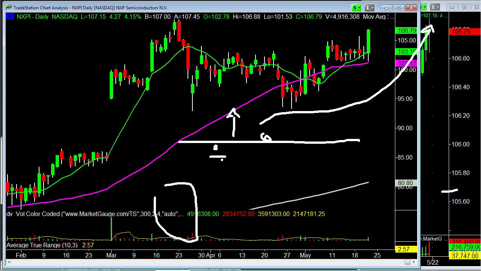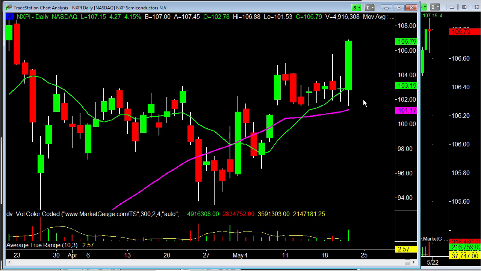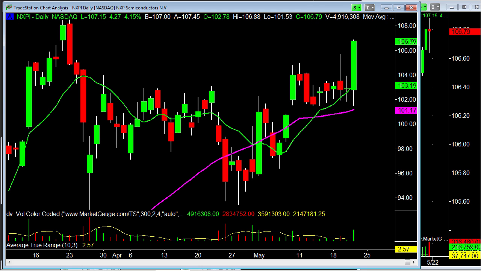Now, the reason that happened, quite frankly, is because I was in the right stock at the right time. And I admit that I know this is a great stock because we have it in our NASDAQ system portfolio. But even if you didn't know that, buying a stock near the low end of the range that's consolidating the way it has been consolidating.